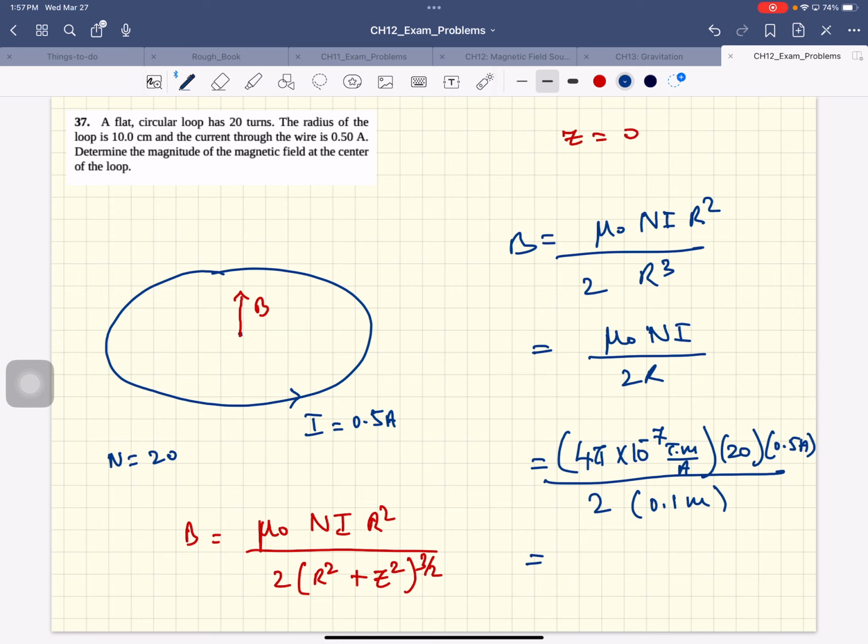All right, let's take care of the powers of 10. That makes it 10 to the minus 6, and 10 over 2 makes it 5. So it's 20 pi times 10 to the minus 6 Tesla.